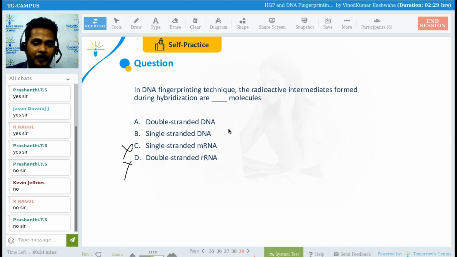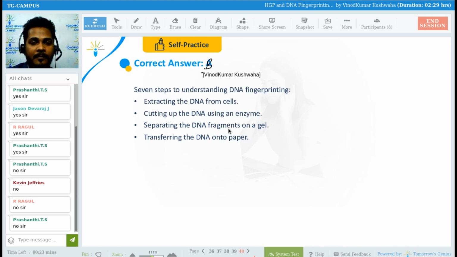Now you have only two options, A or B. Okay, so most of you responded B. Yes, it's single stranded, but in that answer it is written as double stranded, but it is B, which is the right answer.